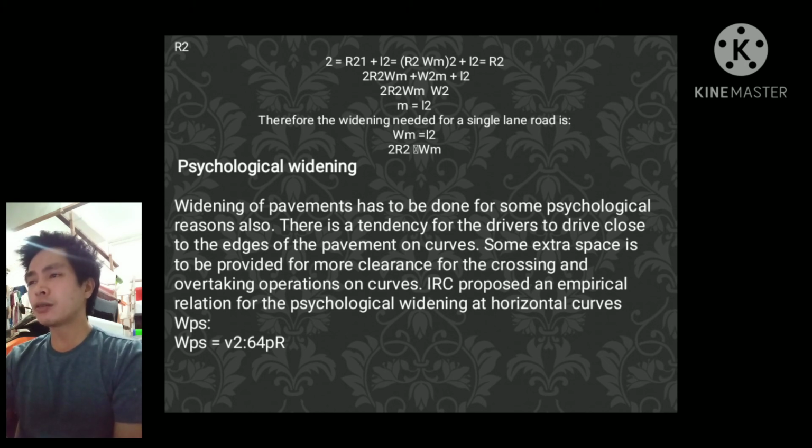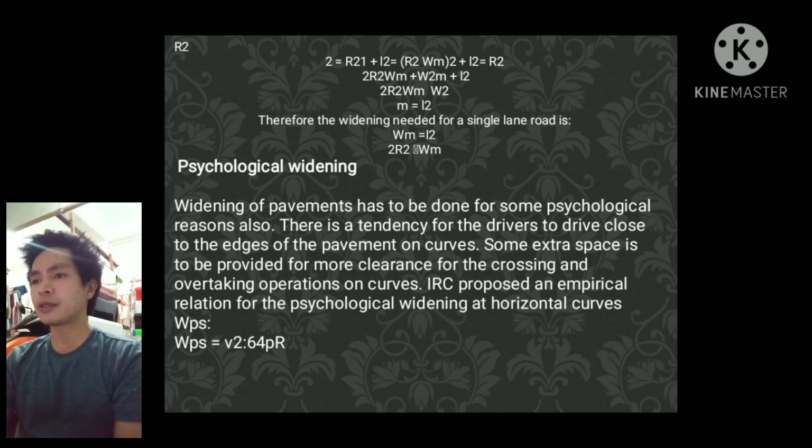Psychological widening of pavement has to be done for some psychological reasons. Also, there is a tendency for drivers to drive close to the edge of the pavement on curves.